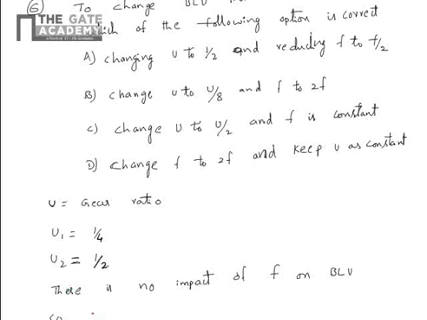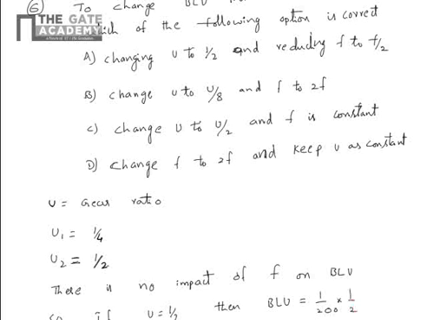So if the gear ratio is 1 by 2, then BLU equals 1 by 200 into 1 by 2.